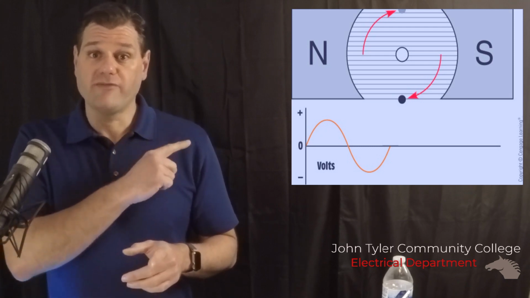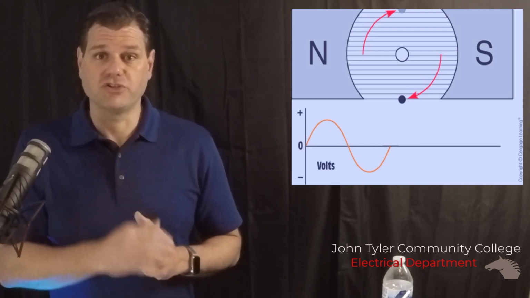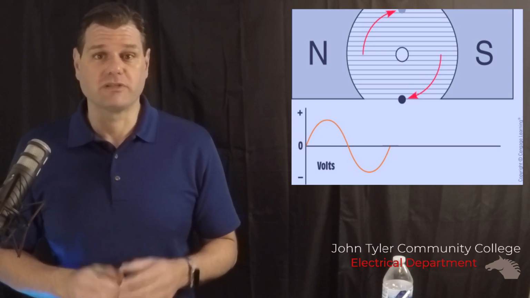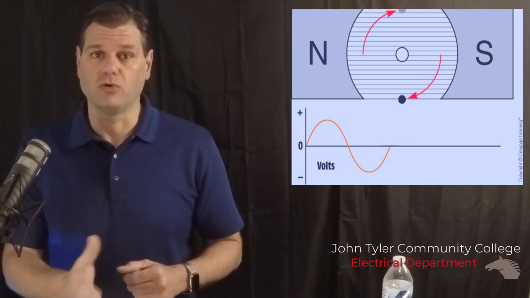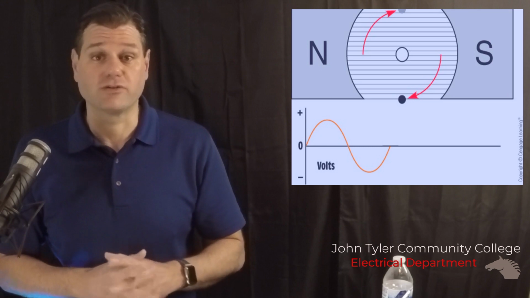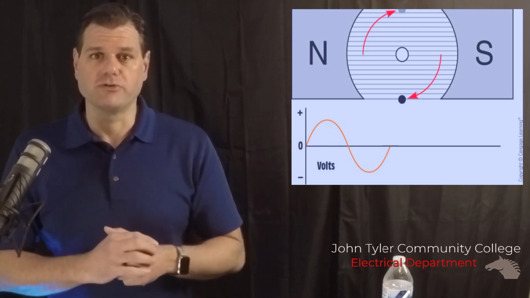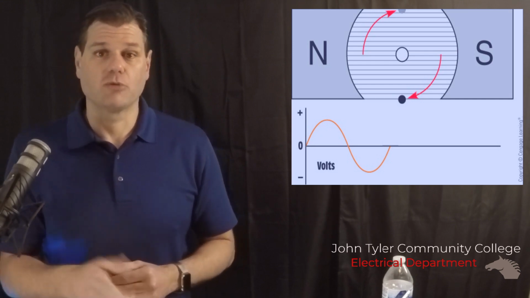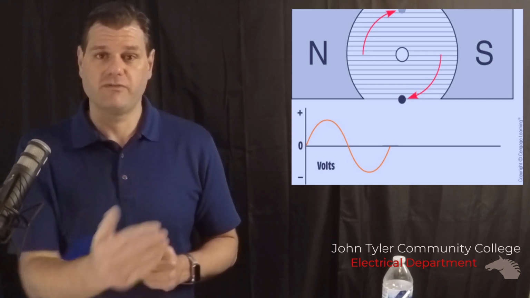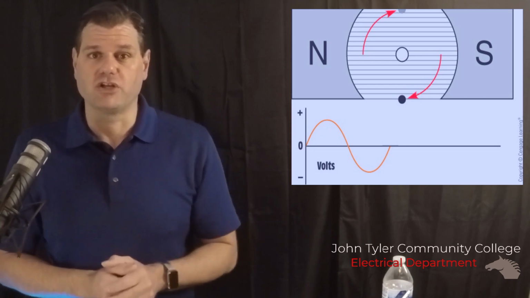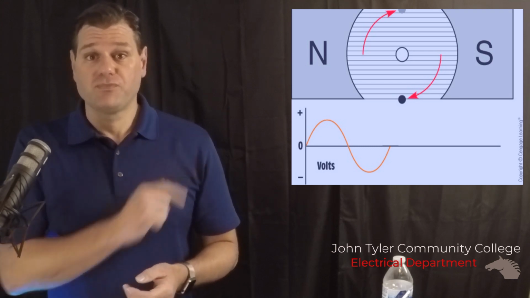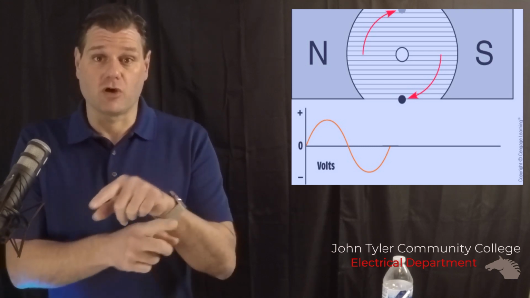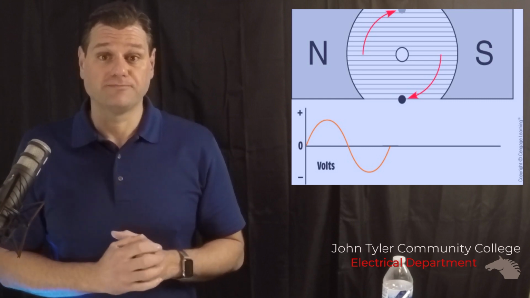Our wave is created by the rotation of our generators at power plants, right? So whether it's a coal plant, nuclear, steam, hydroelectric, whatever, you are producing some kind of energy, typically steam, turning a turbine. The turbine is spinning a shaft. The shaft is actually physically rotating a generator. So what we're seeing in this wave is the actual physical rotation of the generators at the power plant.